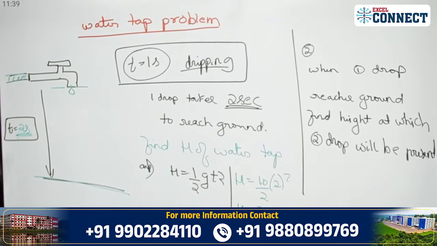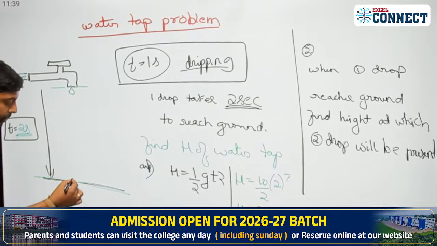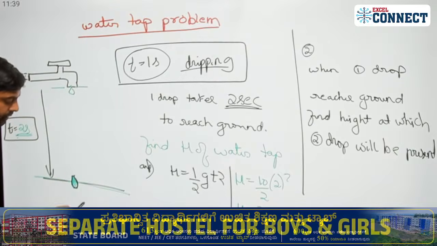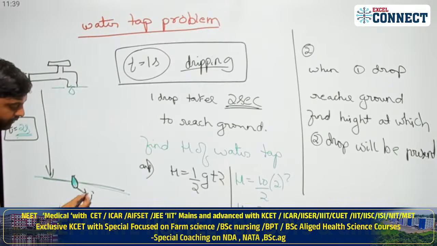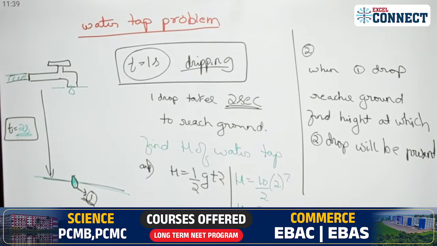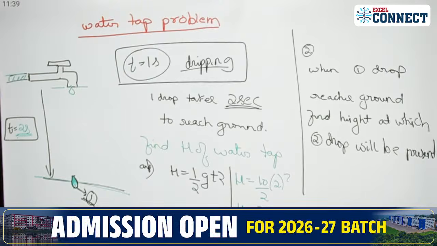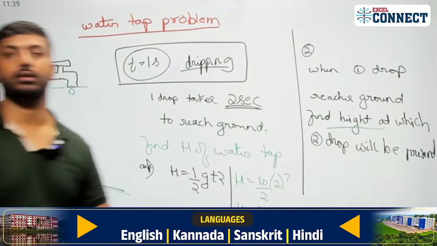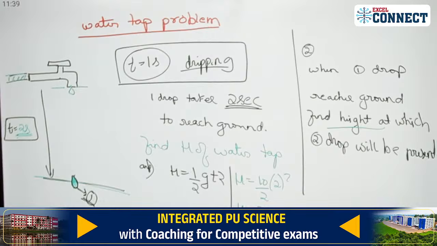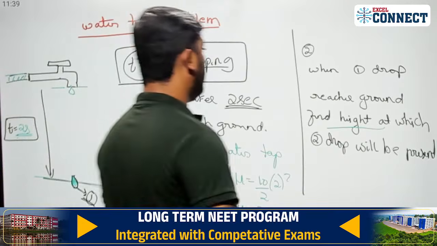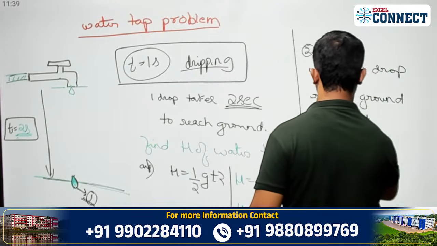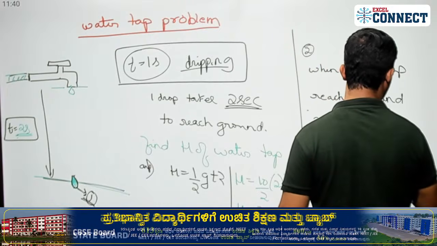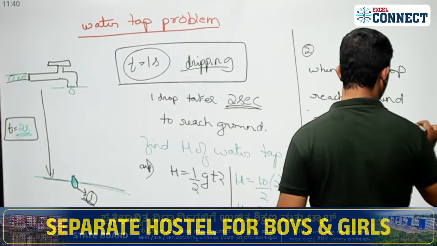Now see here, the second question is that the first drop has reached the ground. This is the first drop. We have to find the location of the second drop. They have asked us the height where the second drop will be present. Find the height of the second drop from the ground.